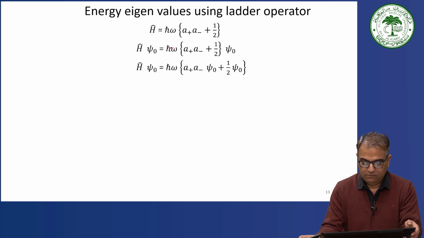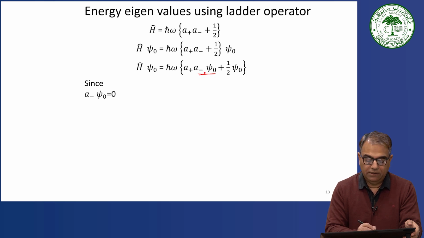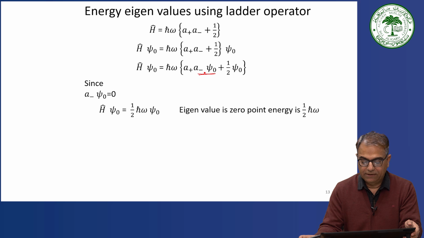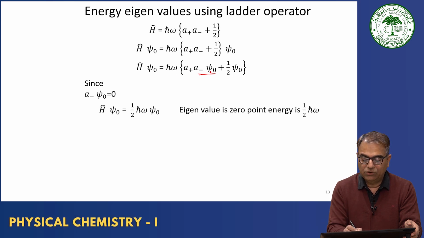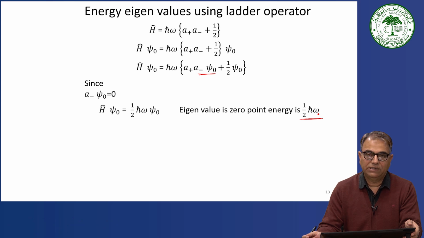Since a minus psi naught is equal to 0, this part will become 0, only this part will be left, and you will have H psi naught equal to 1/2 ħω psi 0. So half ħω is the zero point energy.